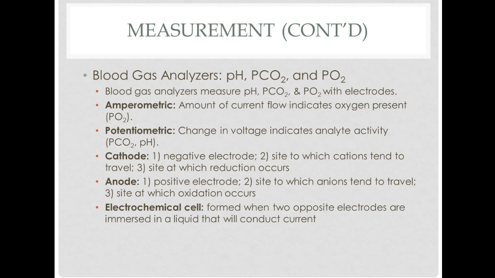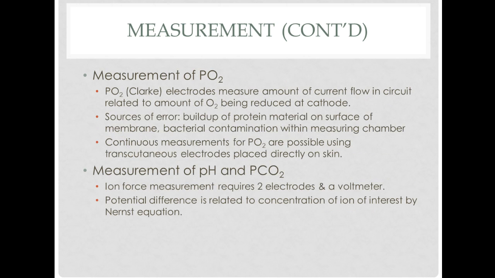The blood gas analyzers actually measure pH, CO2, and PO2 with electrodes. They use amperometric, potentiometric, cathodes, anodes, and electrochemical cells for these types of measurements. The measurement of PO2 uses a Clark electrode, which measures the amount of current flow in the circuit related to the amount of O2 being reduced at the cathode.